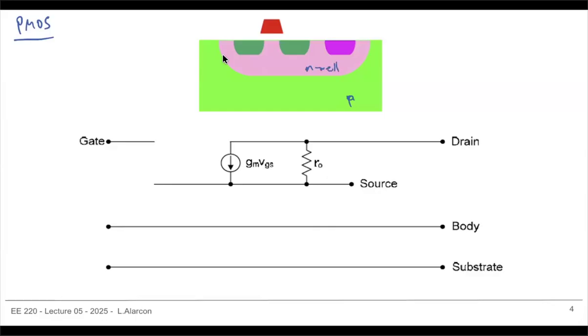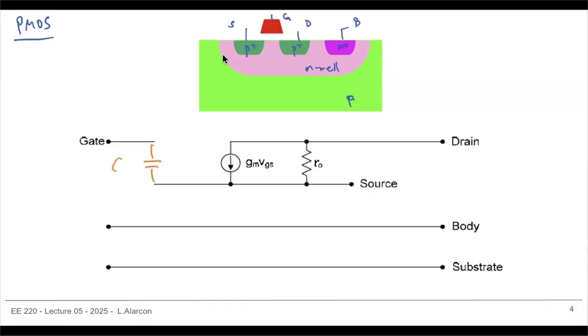So I can build a P plus here, P plus here. And again, we connect to the semiconductor with a highly doped region just to make sure we have ohmic contacts. So you have your gate, you have your source, your drain, and this is your body connected to the well.